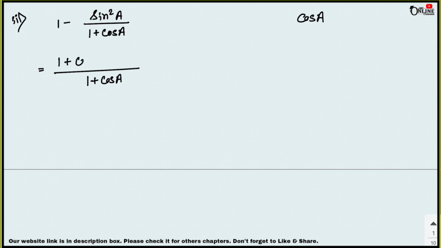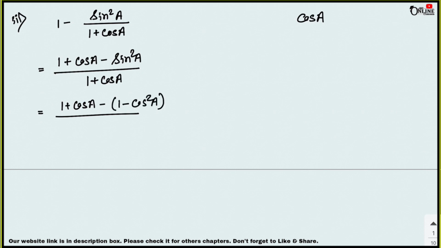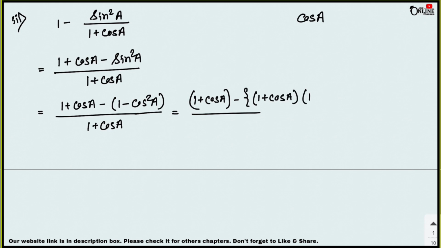So 1 plus cos A minus sin square A. Now here 1 plus cos A, and in the place of sin square A write down 1 minus cos square A. You know that formula? Okay, so here 1 plus cos A minus, and here 1 minus cos square A, so here you can apply A square minus B square formula.